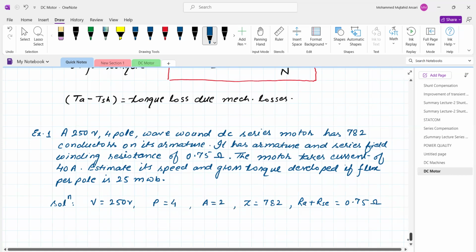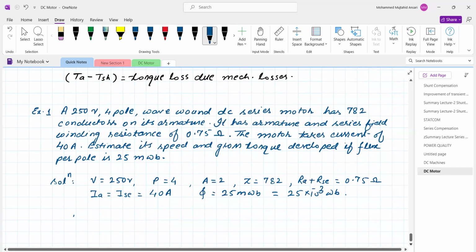The armature current and series field current are the same, equal to 40 ampere, and flux per pole phi is equal to 25 milliweber, which is equal to 25 into 10 raised to minus 3 Weber.